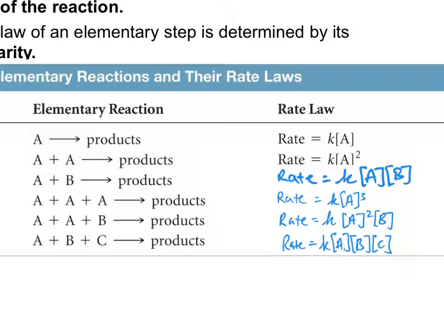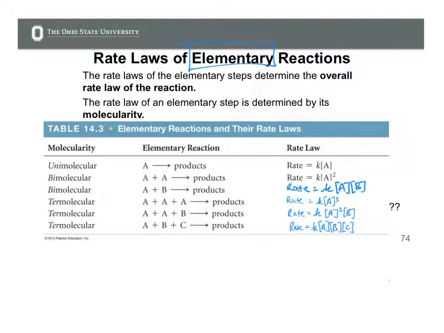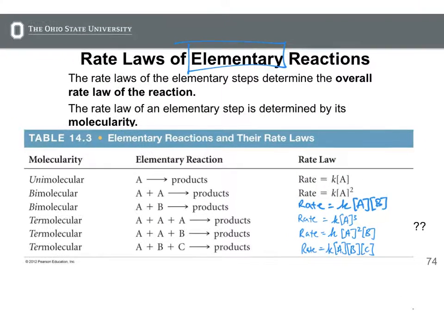Is this a different rate equation than the other one we did, where the exponent is the order of the reaction? So this is different because this is based off of an elementary reaction. The other ones were based off of overall reactions, and we had to use some other information in order to get those. So it just happens to have similar units, like K. The units are going to be based on these rate laws.